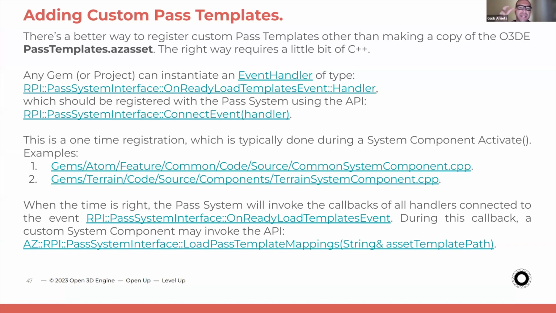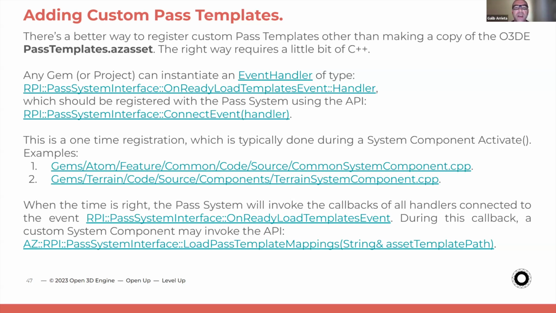By customizing that and making a copy, we were able to add our new custom passes. That's kind of a drag because you have to copy and paste things around and add your passes to a file. The only benefit is that you don't have to write C++. But with C++, there is a more elegant way than copy pasting the original set of pass templates.